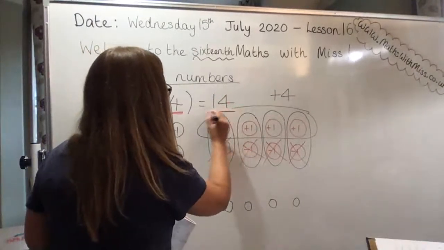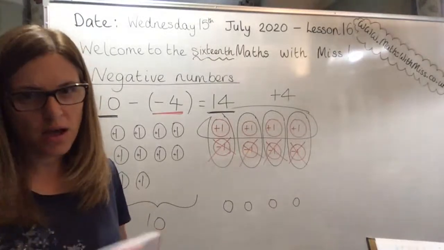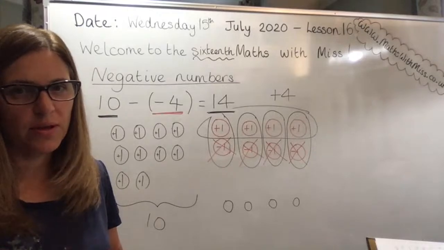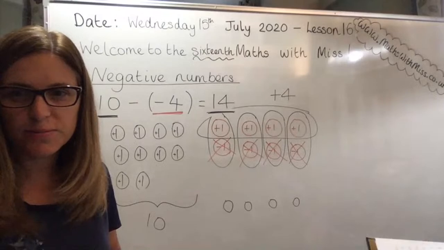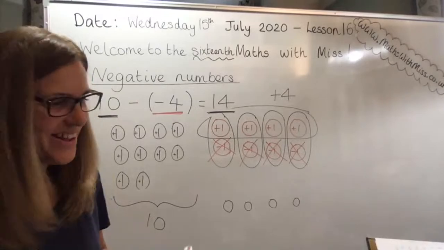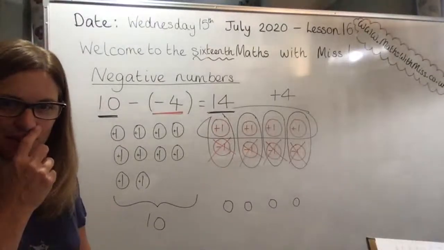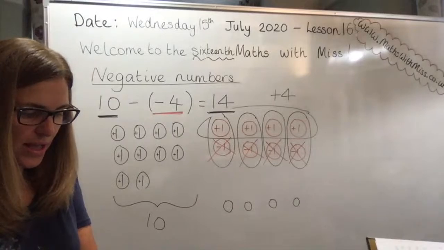And therefore, our answer is 14. Hard one to explain, not being in a classroom and talking it through with you. But I hope that helps you a little bit. I've got quite a few smiley faces, so I'm hoping that means that some of that made sense. I'll leave it like that for a second. Again, pause it if you need to, if you're watching on catch up.